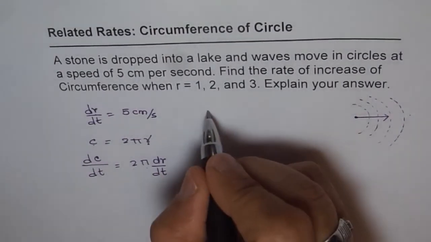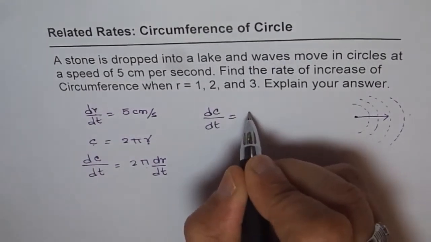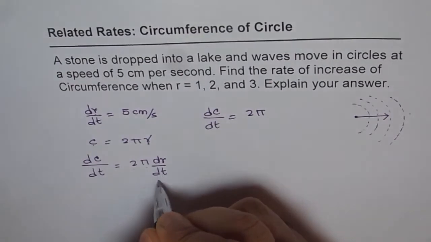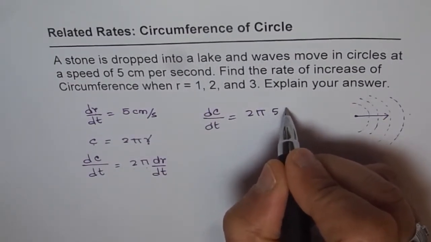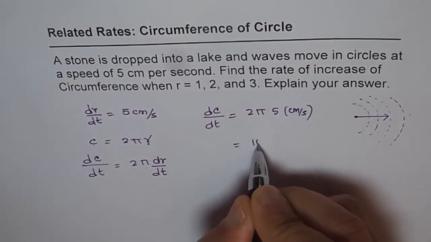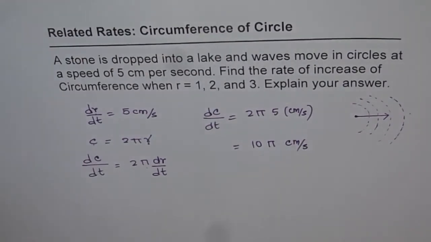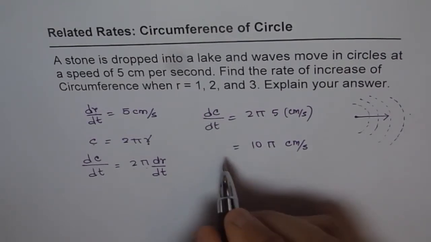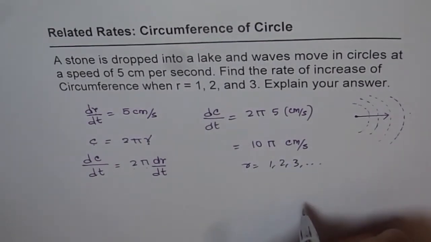The rate of change of circumference is 2 pi times dr/dt, which is 5 centimeters per second for us. So we get an answer of 10 pi centimeters per second, right? It is constant whether r equals 1, 2, 3 or whatever.